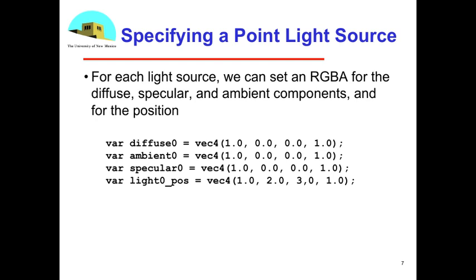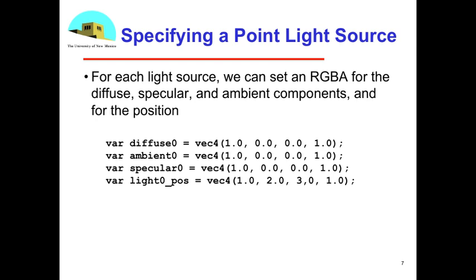Now, what happens if that 1 for the A component is a 0? Well, if all of our mathematics works and we do this carefully, that changes what's called a positional source, meaning that it's located a finite distance from the origin, into an infinite or distant source, as it's usually called, where instead of the light from that point source going out in all directions, the light is coming in parallel rays.